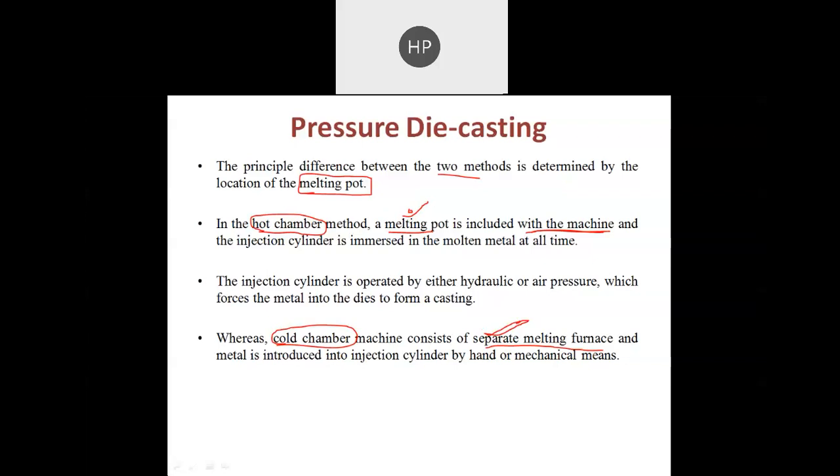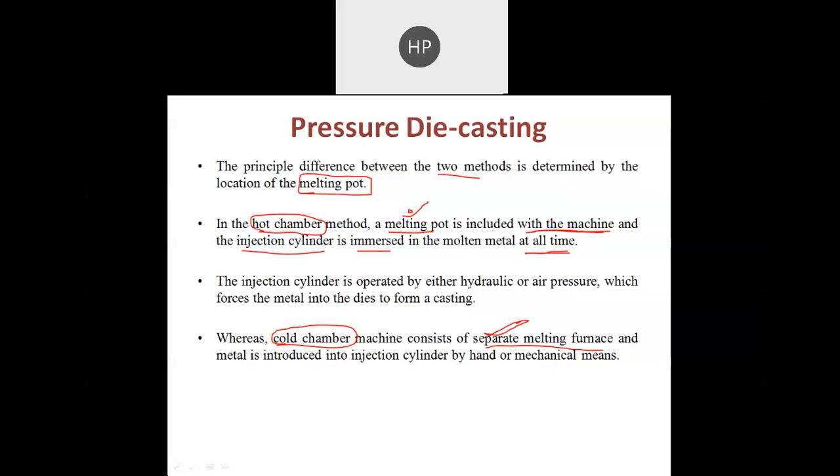And here it is included within the machine, and the injection cylinder is immersed in the molten metal all the time. How it operates, we are going to discuss in a subsequent slide. But here we are just talking about the difference between hot chamber and cold chamber die casting.